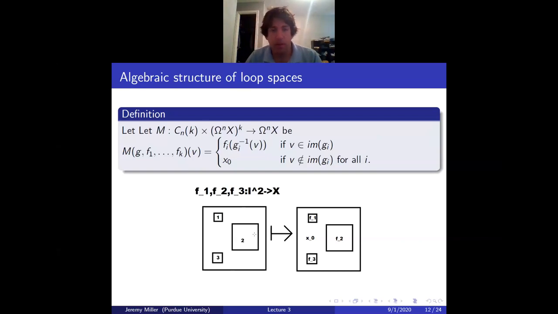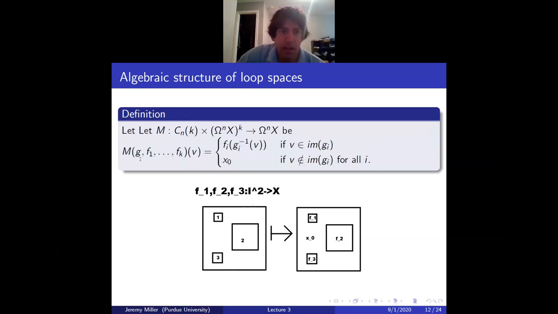So we have 3 different maps from a cube into X, and these maps send the boundary of the cube to the base point. So what we do is we take a scaled version of these 3 maps and plug them into each of these 3 boxes, and then send the rest of the cube to the base point. So that's what this function says.